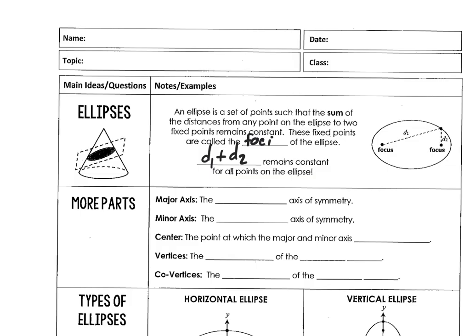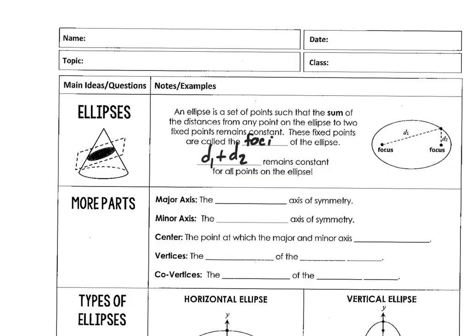If I picked a point all the way over here, connected two segments to that point, and added them together, it's going to be the same sum no matter what. So anywhere on that ellipse, I could pick a point, and the sum of the distances to the two focus points would be the same, and that's what makes it different. What's different from a circle is that in a circle we always go to the radius and it's the same all the way around.